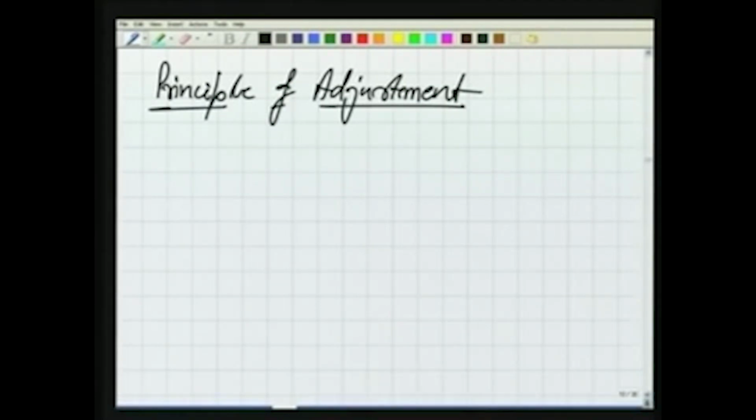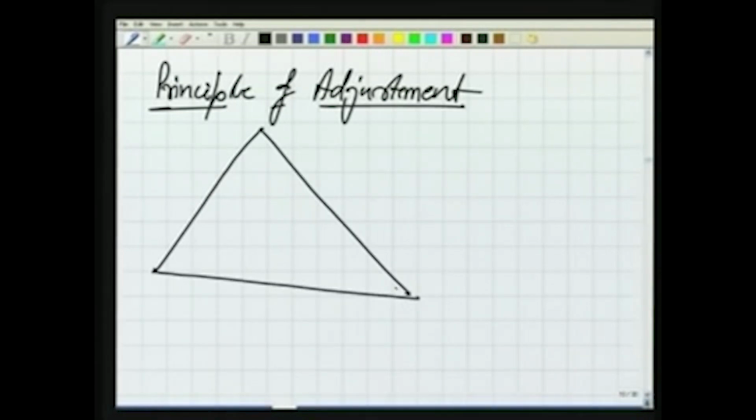Now, we know by this time, whatever we are measuring, for example, let us say there is a triangle, and for this triangle we are measuring three angles, theta 1, theta 2 and theta 3. There are 3 points there in the ground, one point, another point, another point, and using some instrument, I stand at point 1, I measure the theta 1.